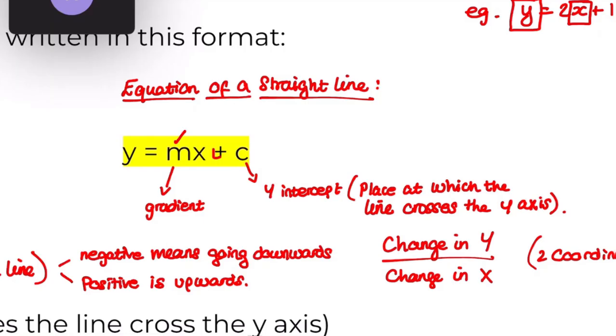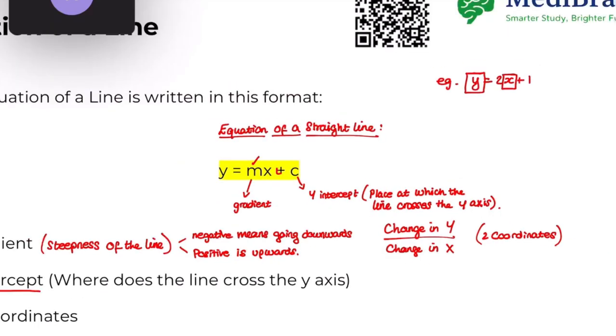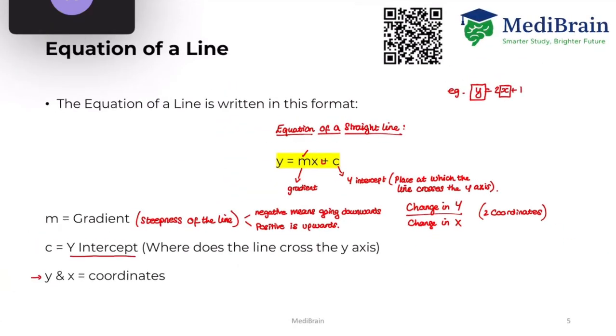So those are the sort of things that you need to know about the equation of a line. You've got y equals mx plus c. The equation of a line always needs to be in that format.